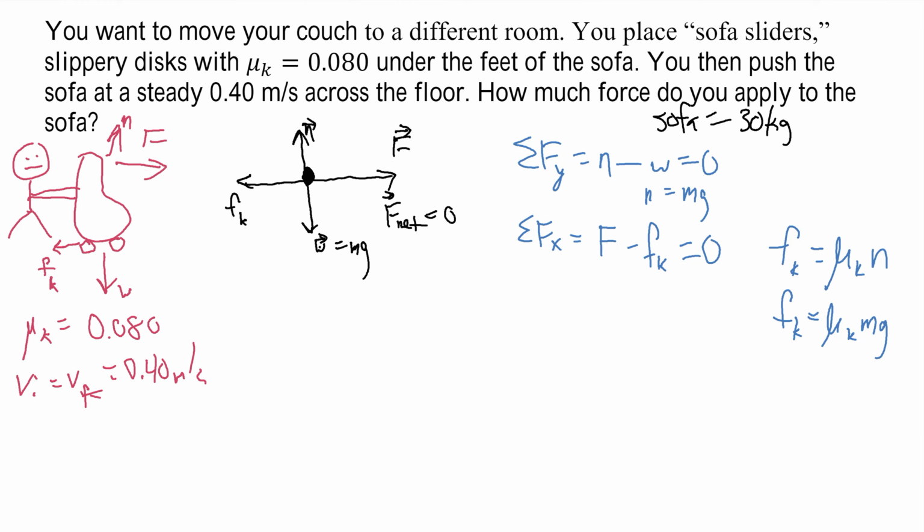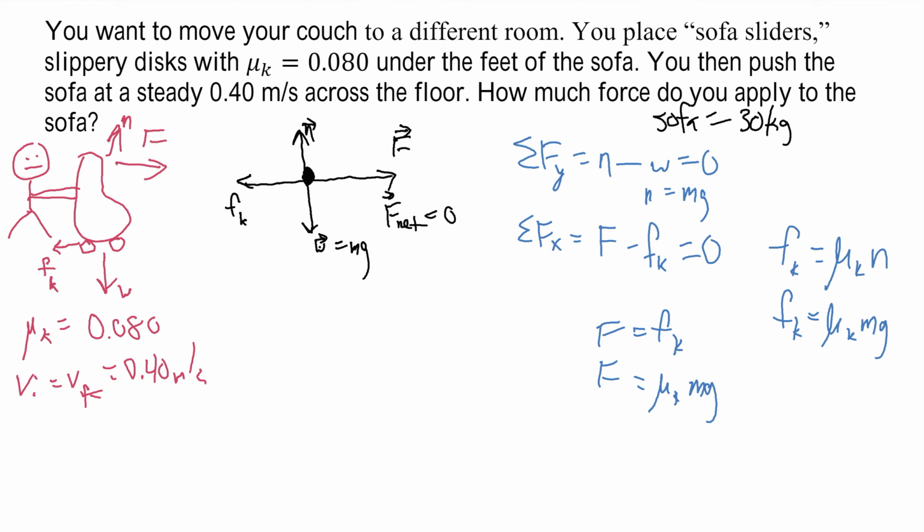So now back into my sum of the forces in the x direction equation. If I solve this for capital F, F equals F sub K. So now I can substitute in for F sub K, and I have F equals mu sub K mg. I know mu sub K, I know m, and I know g.